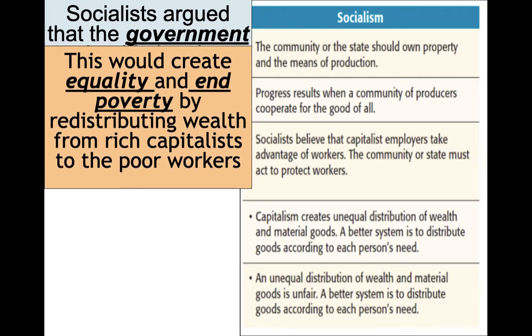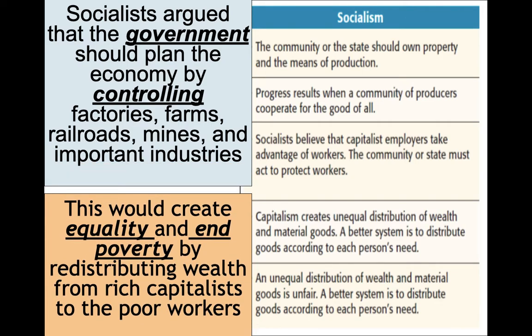Socialism believes government should play a role in controlling factories, farms, railroads, mines, and industry. This would create equality and end poverty, redistributing wealth from capitalists to the poor workers. So everybody would be kind of equal, distributing things where they're needed.